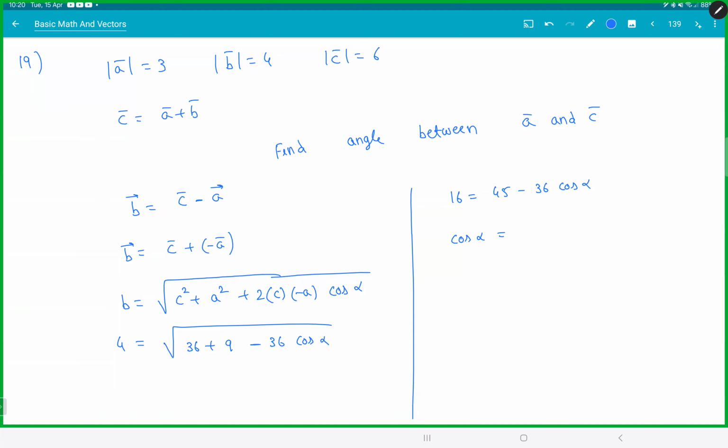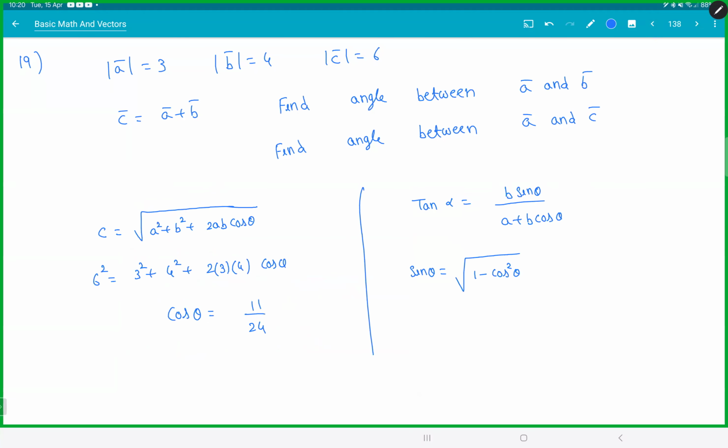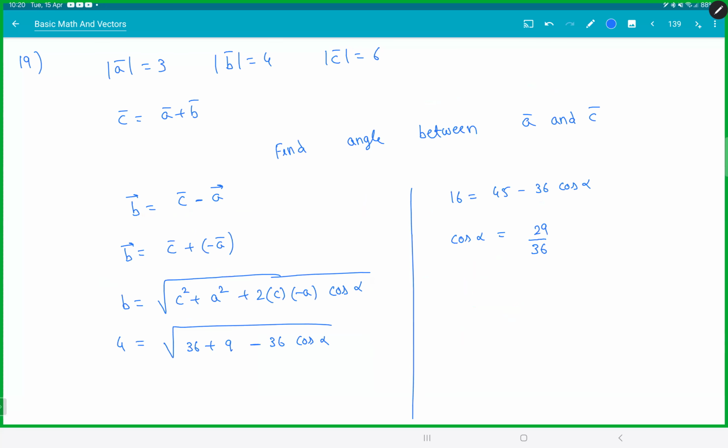How much is this? Numbers are bad again. 29 by 36. This is another way to do it. But if you can remember the formula, that also works, but this will give you tan alpha. How much is this? B is 4. Yeah, numbers are super bad, right? 121 by 24 square. Okay, I will leave it to you. You can check it out. Is this clear, everyone?